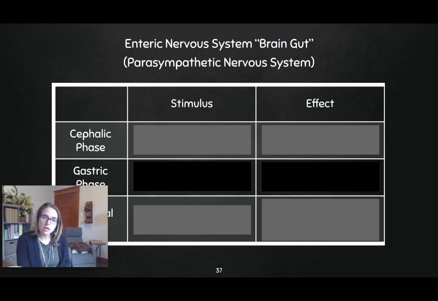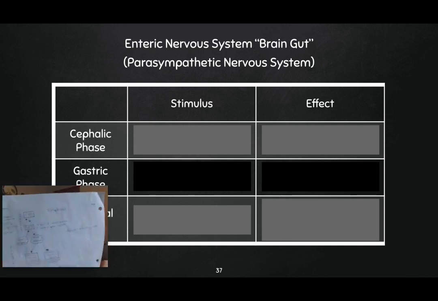Now, the part of our nervous system that does control our regulatory digestive functions is the parasympathetic nervous system. If you remember, we're doing the nervous system in the intro class right now, and we drew a little graphic of the different divisions of our nervous system.